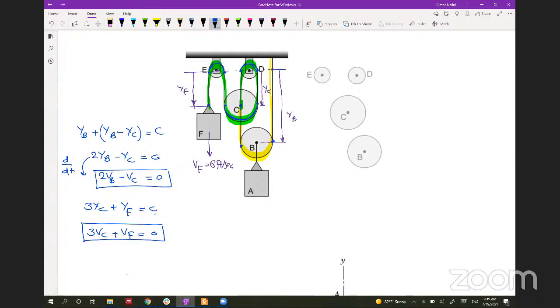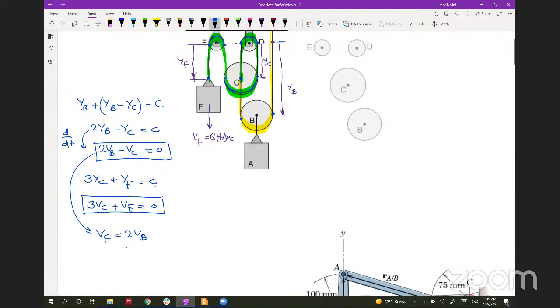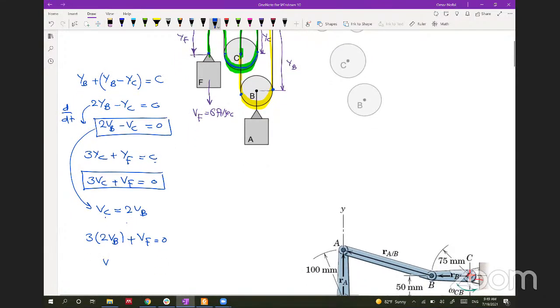So let's get VC. Now we can have VC equal to 2VB from the first equation. And we can substitute for VC in the second equation. So we will have 3 multiplied by 2VB plus VF equal to 0. So VF will be equal to negative 6 VB.